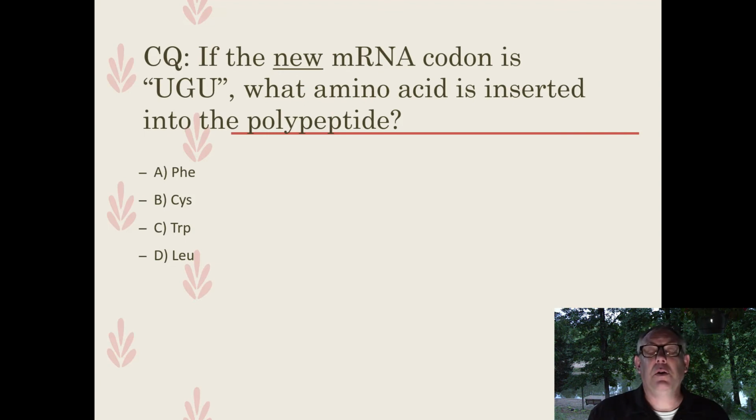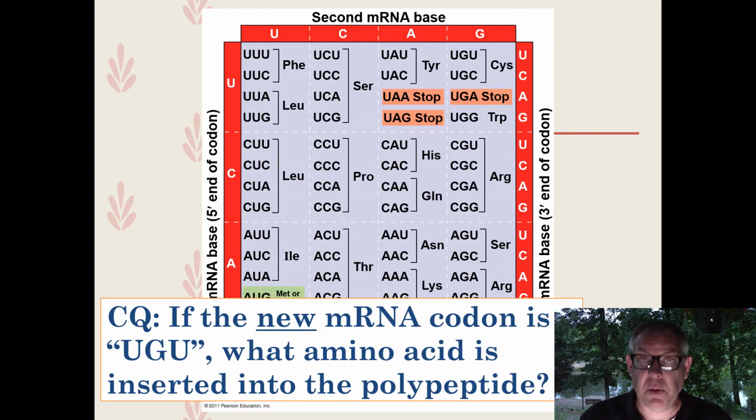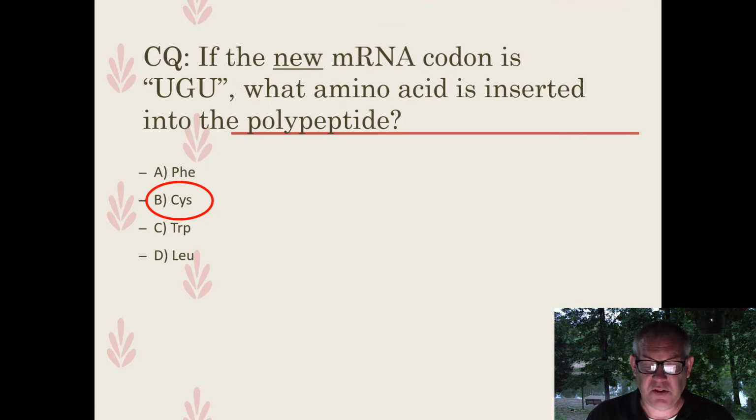And so if the mRNA codon is UGU, what's the proper amino acid? We go back to our chart, we look up UGU, and we see it's the same. It's a cysteine.